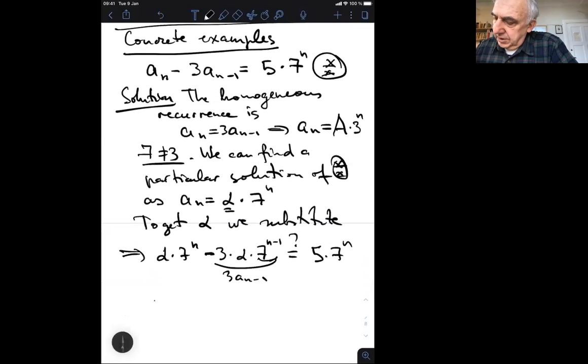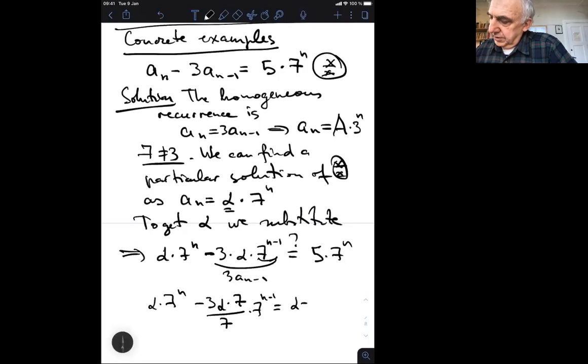Yes, we want to transform this piece into 7 power n, of course. So we get alpha times 7 power n minus 3 alpha, and I'm multiplying and dividing by 7, and then we have 7 power n minus 1 here. So in other words, we are getting alpha minus 3 alpha divided by 7, times 7 power n. And we want this coefficient to be equal to 5.